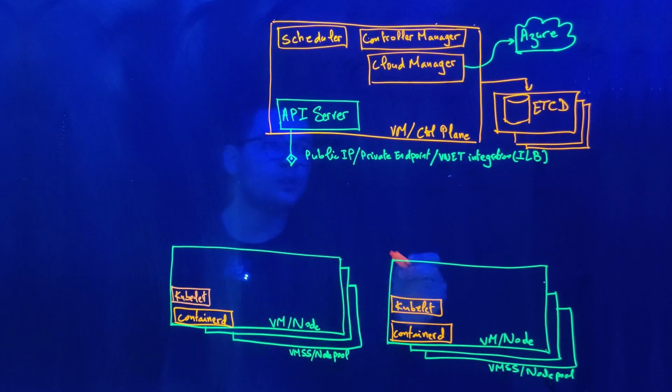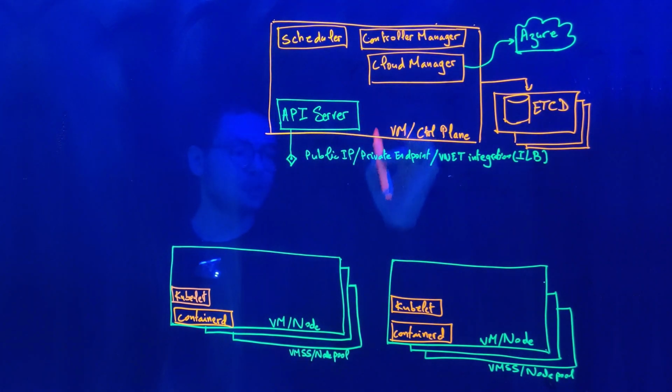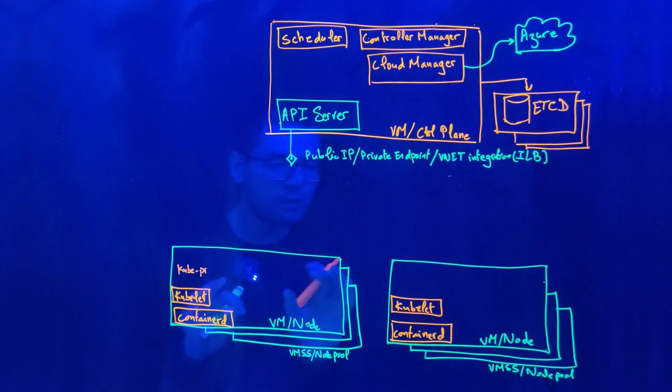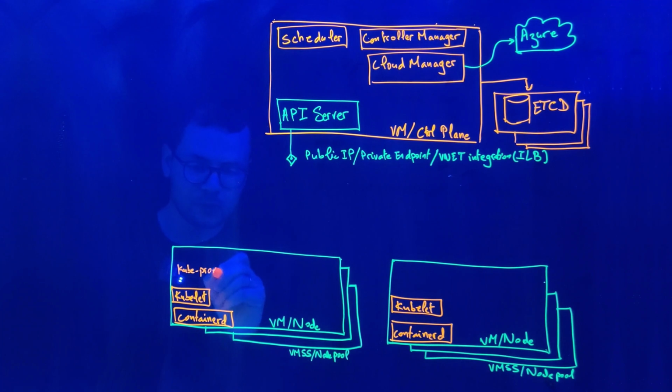It also manages the communication between those worker nodes and the control plane, to get data and also send some data there. Another component is the kube-proxy, for managing the communication between pods that live inside those nodes.